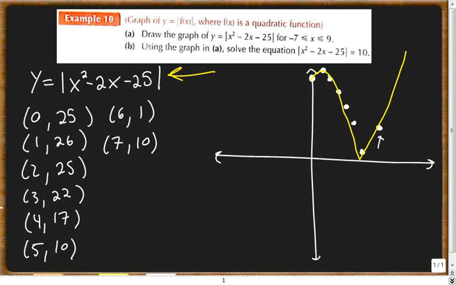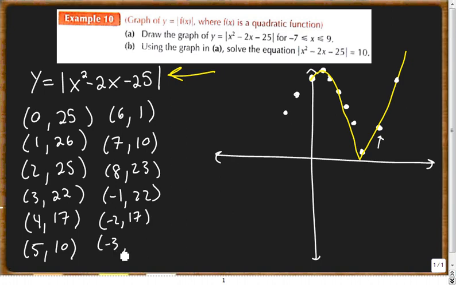And so we could figure out for 8, that'd be 64 minus 16, so that's 48, minus 25 is 23. And then obviously we want to take it back down the other way. If you have negative 1, that would be 1 plus 2 minus 25, so that'd be 22. So obviously we've got another big point there. We've got negative 2, be 4 plus 4, 8 minus 25 to be 17.